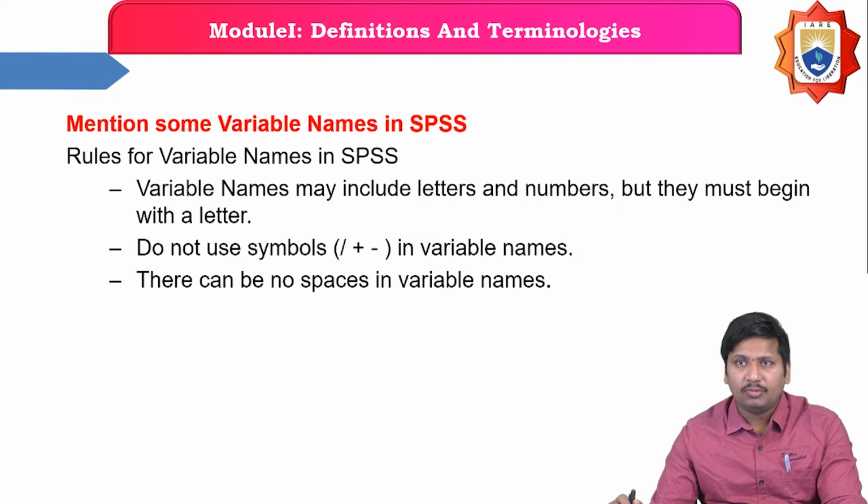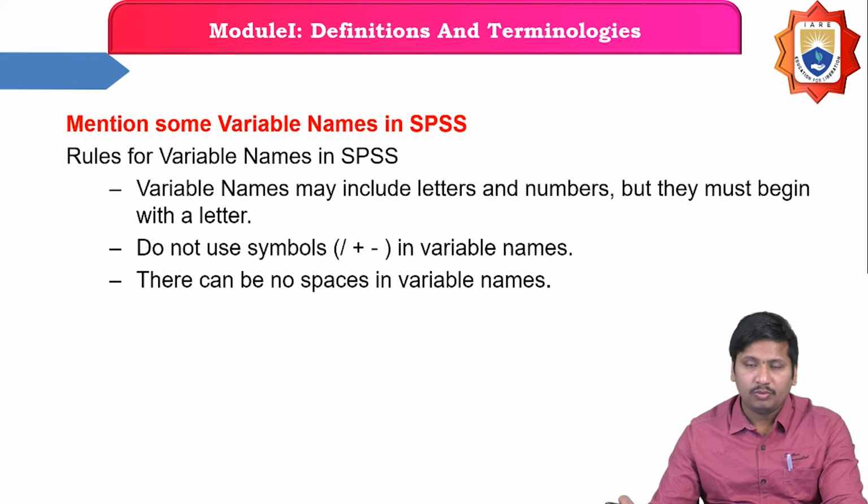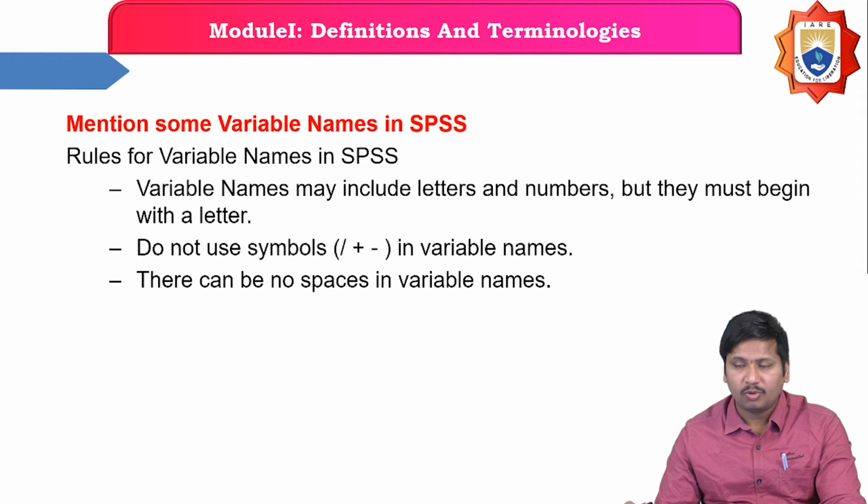And then, mention some variable naming rules in SPSS. This is another type of question. Some of the rules to be followed for variables in SPSS: variable names must include letters and numbers, but they should begin with a letter. How are variables declared in some programming languages like C, C++, Java?